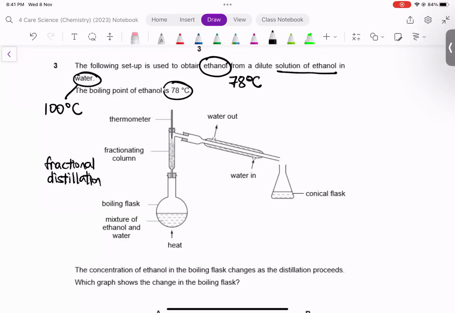The key thing to note here is, if you know it's fractional distillation, you now need to work out which liquid will boil off and distill out first. So ethanol will boil and distill out first because it has a lower boiling point of 78 degrees Celsius.